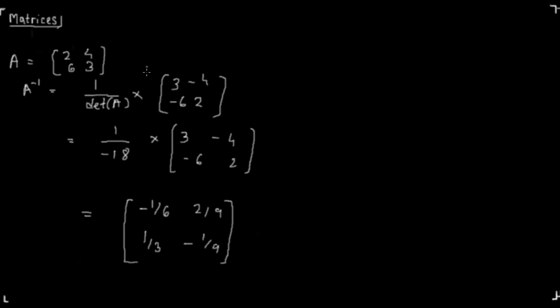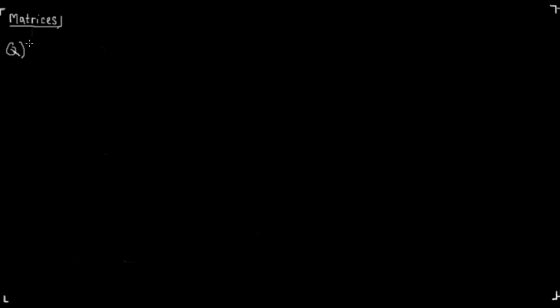That's pretty simple. Next, let's go through some properties. Actually this isn't really a property, it's more question-based. Say we're asked to find a matrix X where X times A equals B. Normally, in algebra, to isolate X we divide both sides by A. But we can't divide by matrices in this number system.